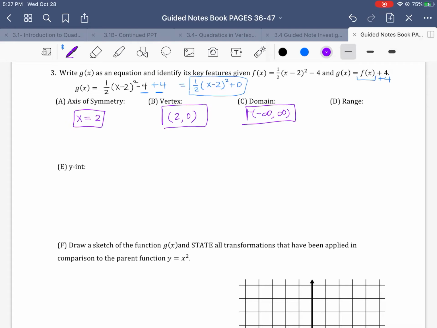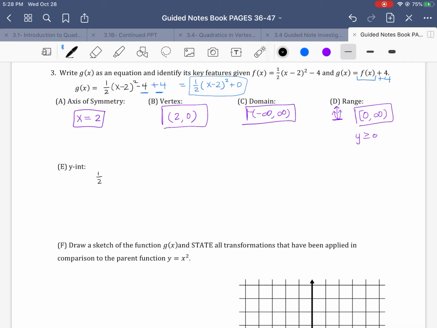Should probably pause this and see how you do knocking it out on your own. The range, we look out front to see if it's positive or negative. This is a positive 1/2. So we are going to say, okay, this one's opening up. So the range is from my k value up to infinity. So we're going to say from 0 to infinity with a bracket, or y is always greater than or equal to 0.